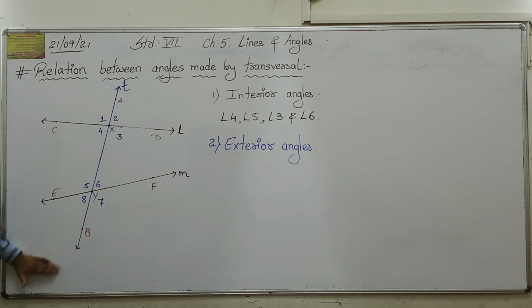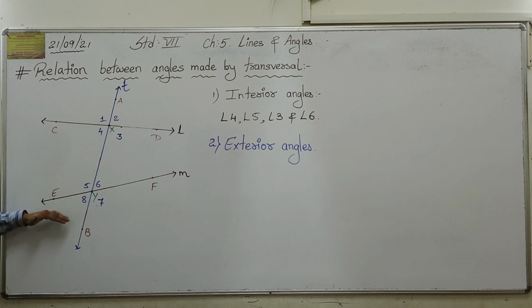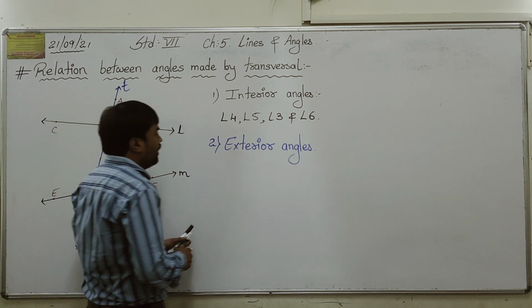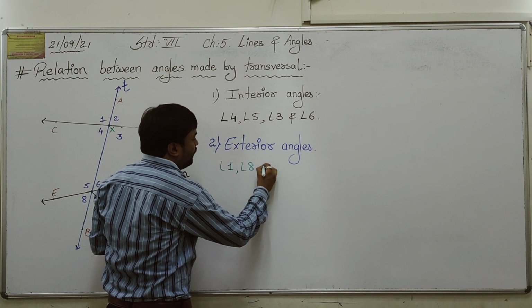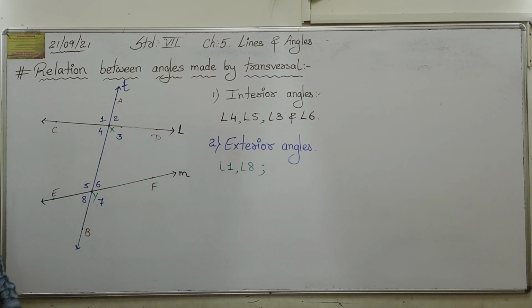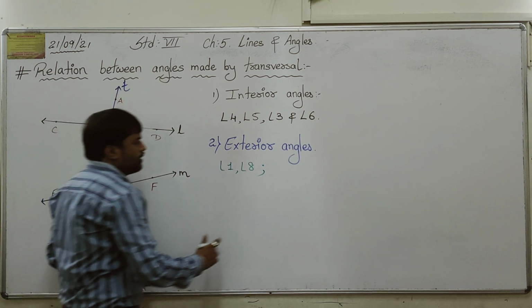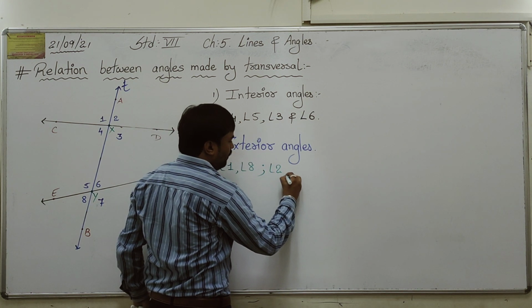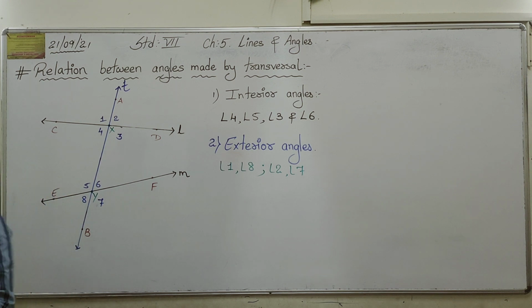We have to move on one side, the same side of the transversal. We make the pair on only one side of the transversal, not both sides. So angle 1 and angle A. What are the exterior pairs of angles? Angle 1, angle 8, and on the other side, angle 2, angle 7.